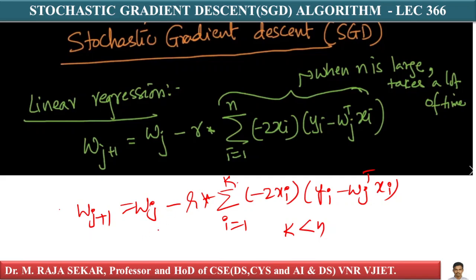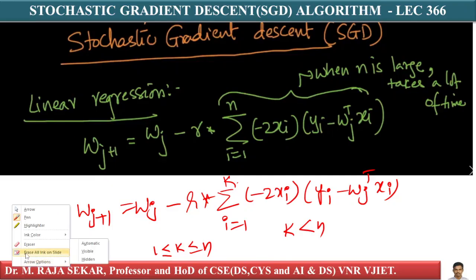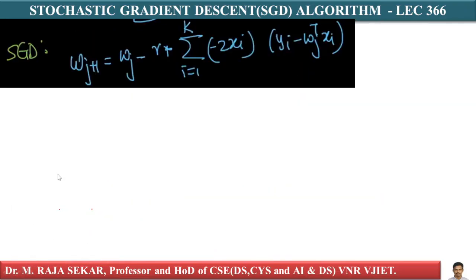Then what is this k? 1 is less than or equal to k, which is less than or equal to n, isn't it? Instead of using all the points, pick a random set of k points. That is important. Instead of i equal to 1 to n, I am writing k. Now what you have to do here?